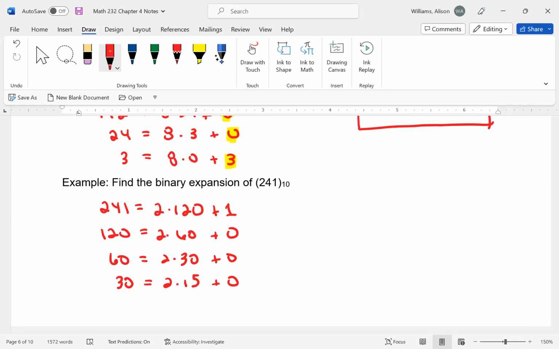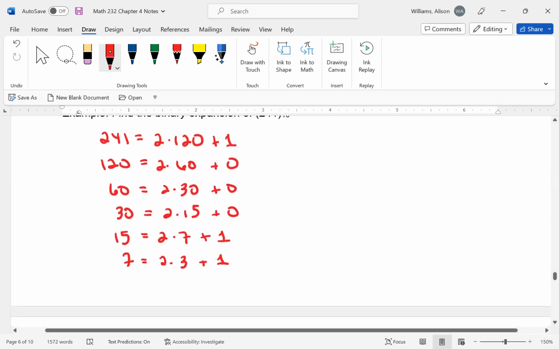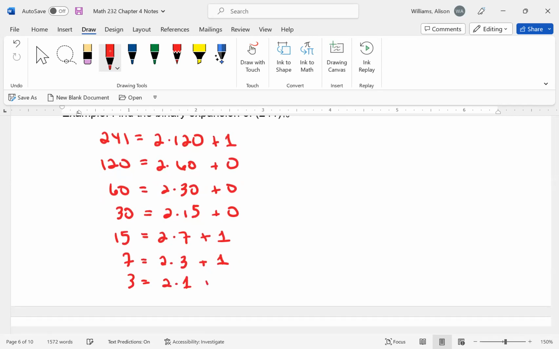And then 15 divided by 2 is going to be 7 with a remainder of 1. And then 7 divided by 2 is going to come out to 3 with a remainder of 1. 3 divided by 2 is going to come out to 1 with a remainder of 1.